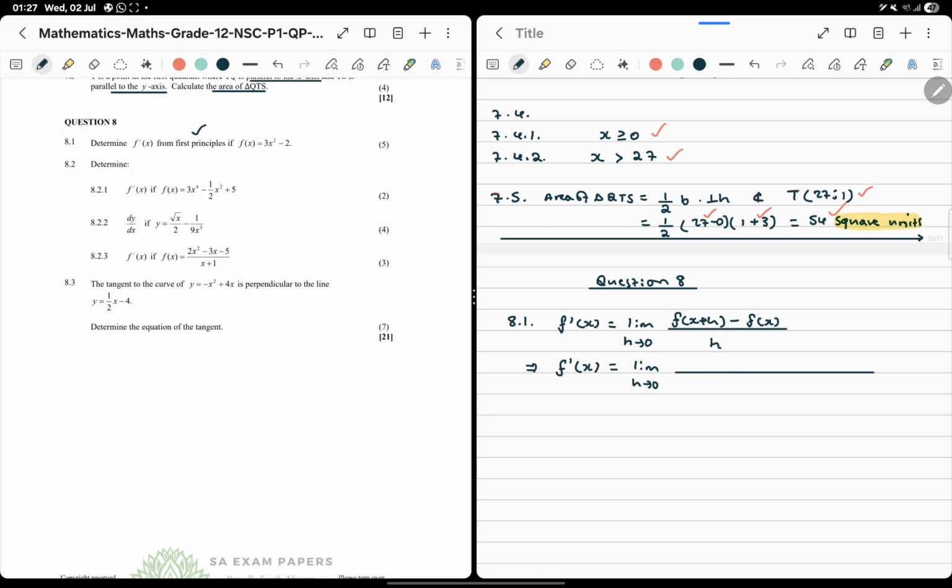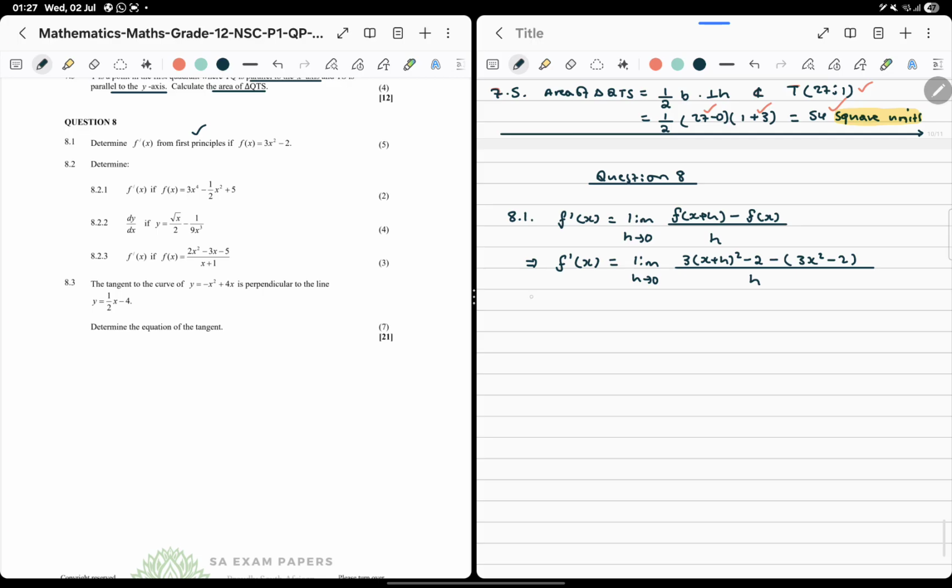We then substitute. Now when we see x, we put x plus h, and then this is squared, and we write that expression minus f of x, we write it as it is, divided by h.